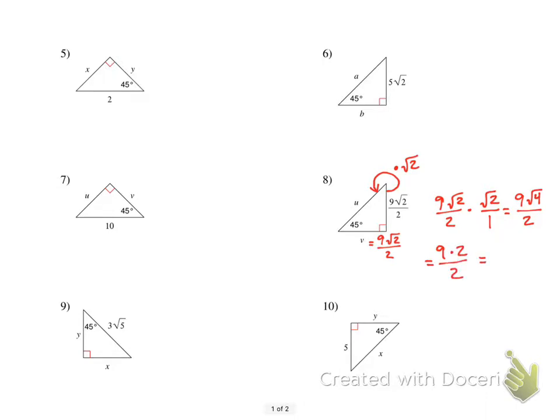And we can pretty easily see what can happen here. 9 times 2 is 18. We could multiply it out and get 18 divided by 2. We could also just cancel out the 2's at this point and get our answer of 9. But if you like to multiply it out, get 18 and then divide by 2, no problem. So my final answer for the hypotenuse is going to be 9.